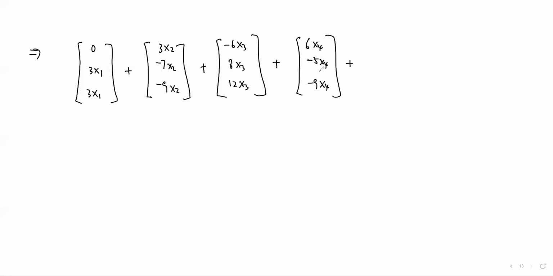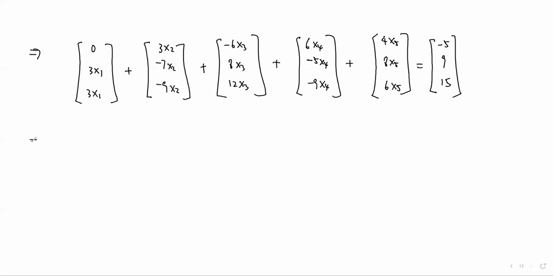All the entries have the same unknown: 4, x5, 8, x5, 6, x5. And then equal to the right side. The right side is 5, 9, 15.